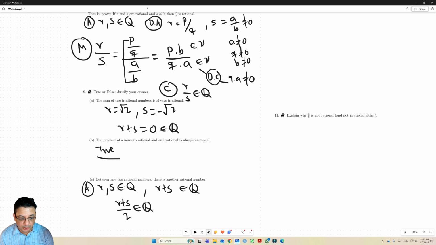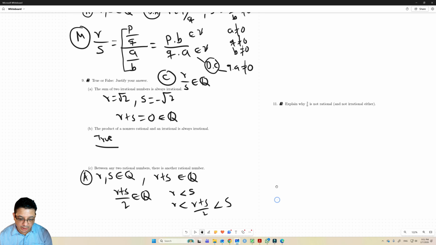So the product or division of any rational numbers is a rational number. But now, notice that R plus S divided by 2 is going to be between R and S. So let's assume that R is less than S. You're going to have that R plus S divided by 2 is in the middle of those two. Okay? So that is the way to prove this.